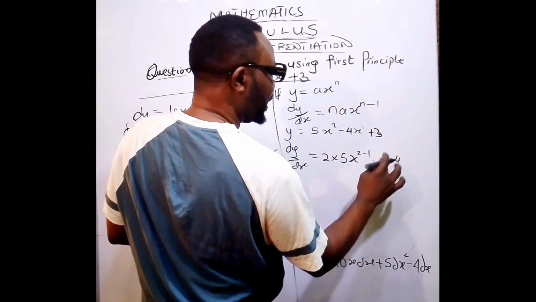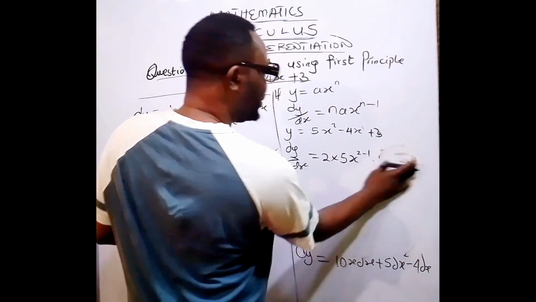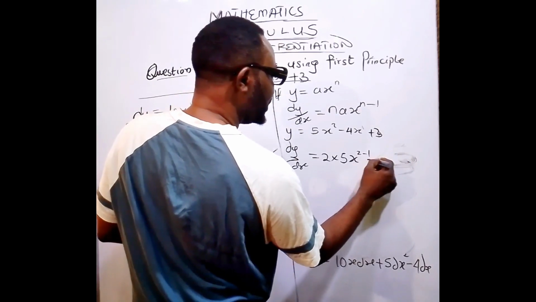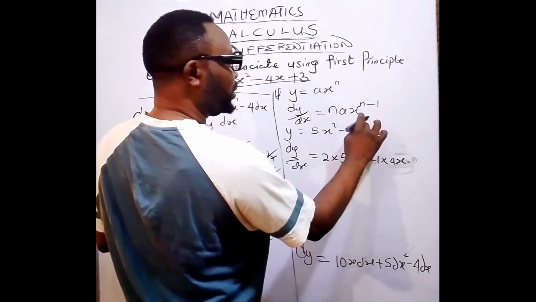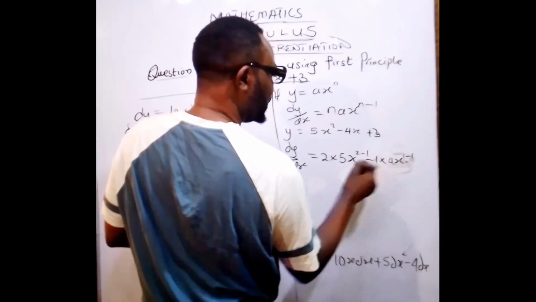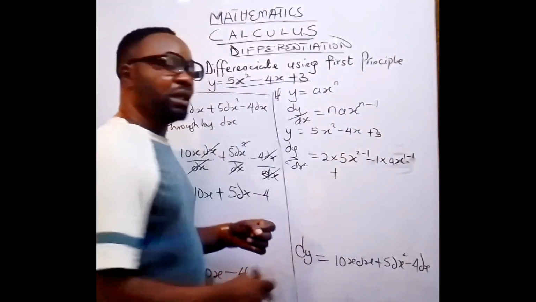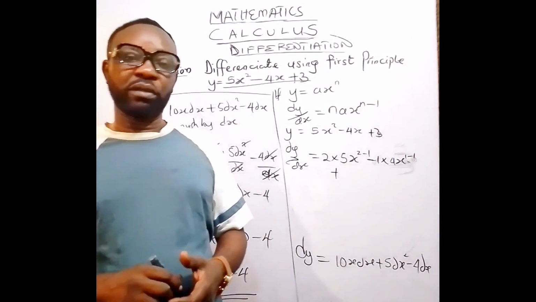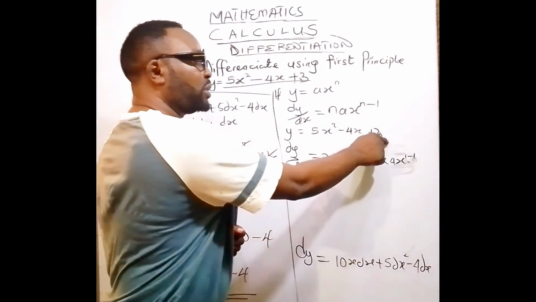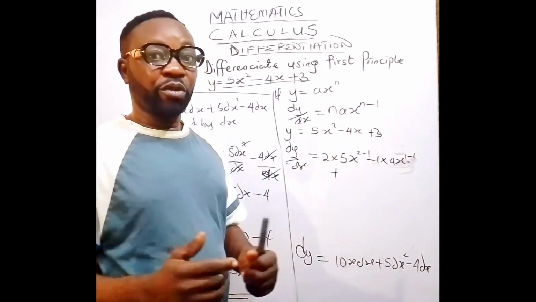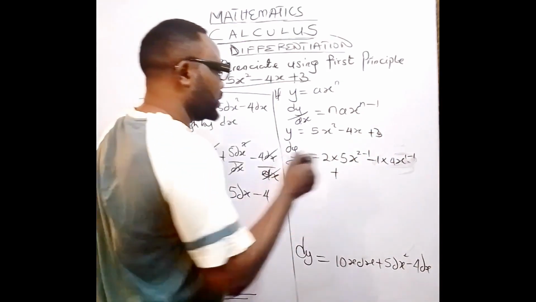Minus 1 multiplied by 4, x raised to what? 1 minus 1. Plus, what is the derivative of a constant? Don't forget, the derivative of a constant is 0, because it doesn't have any variables with it. There's no x with it, so it's going to be 0.